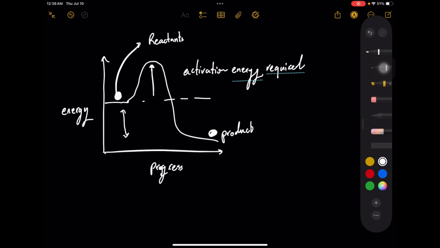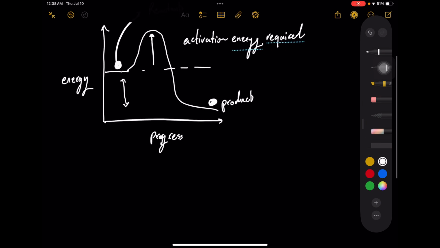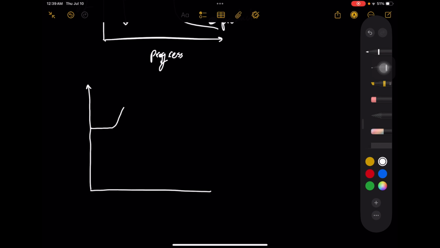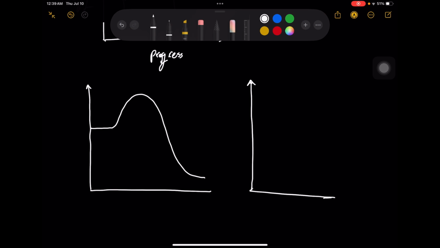So now, the higher the activation energy, the slower the rate of reaction, because more energy is needed to convert reactants into the products. The way that we can get it without even trying to memorize it is to think about a hill. A person trying to move a cart up a hill. We have a graph like this, and also we have a hill like this.